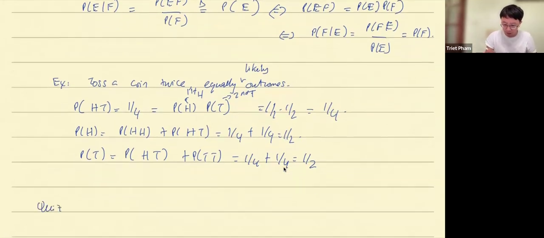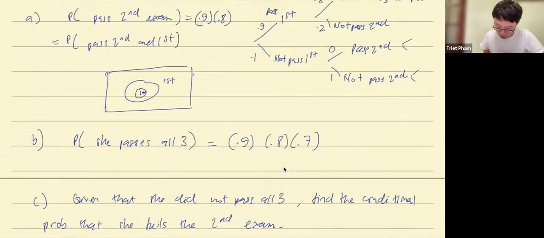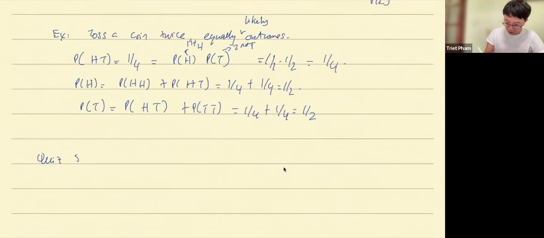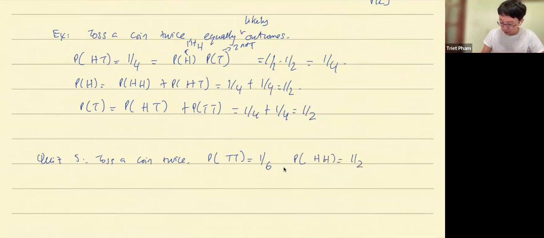All right. Now let's try another mundane example. So what quiz is this? Quiz 5. Let's say you toss a coin twice, okay? And let's say probability of tail is 1/6. Probability of head is 1/2.